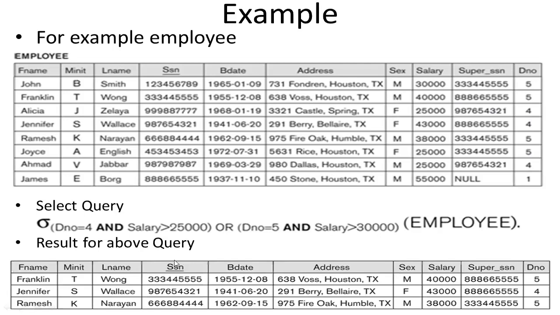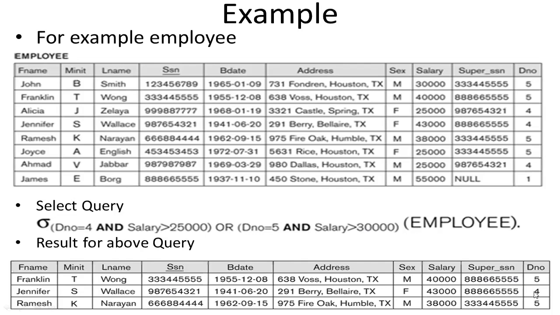You can see here the result of the query. The entire record will be selected based on this condition. So you have the first name, middle initial, and so on. The attributes and fields that are in the parent table are kept as they are, and you are getting only the records or tuples that match the given condition in your resultant table.